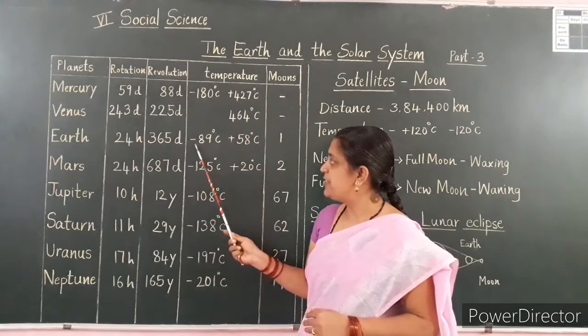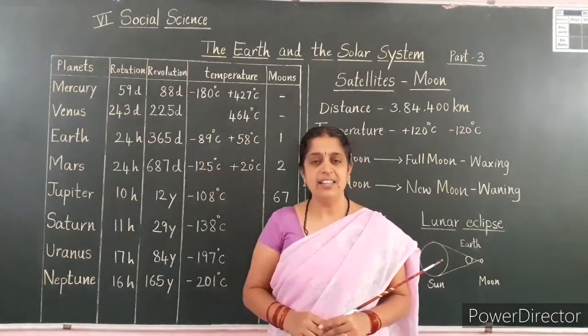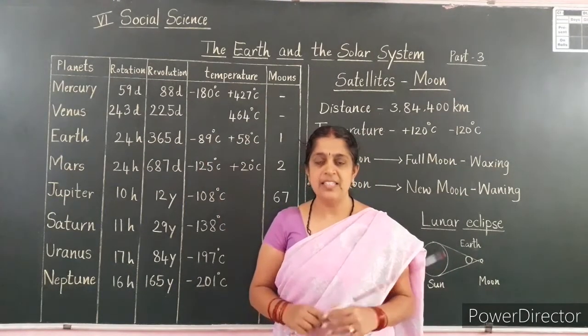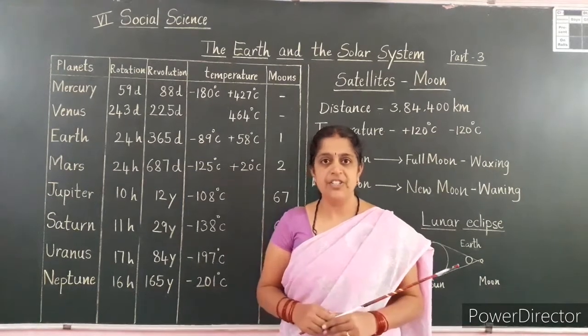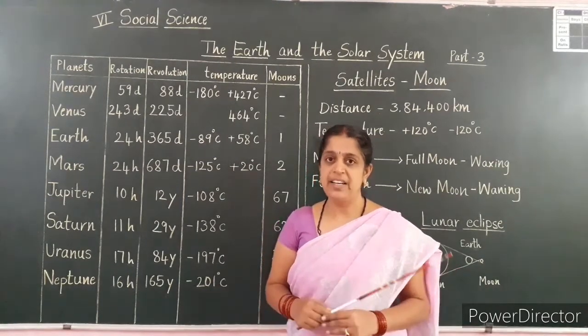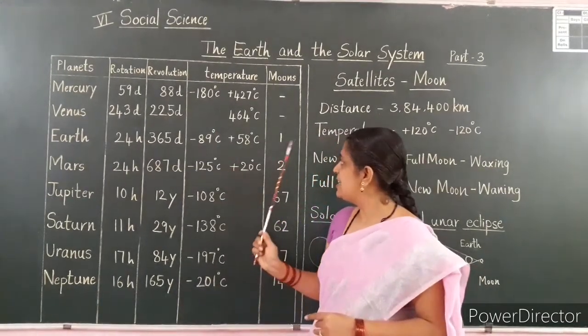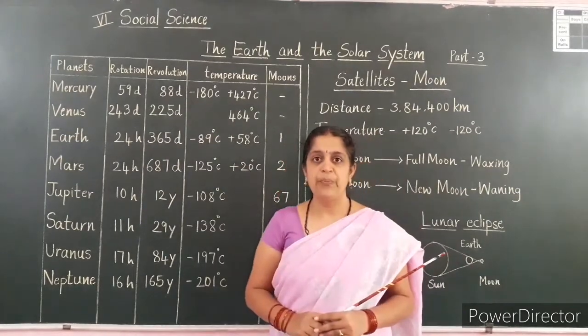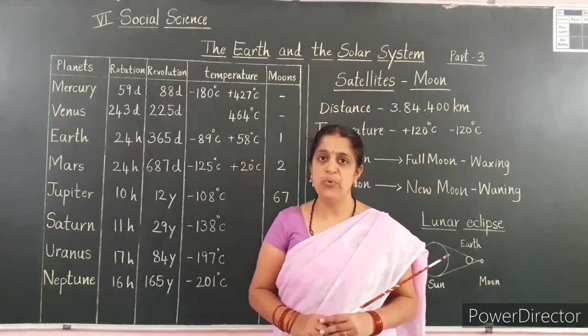And the lowest temperature is minus 89 degrees Celsius, found in some places. Next, it has only one moon, named the Moon.